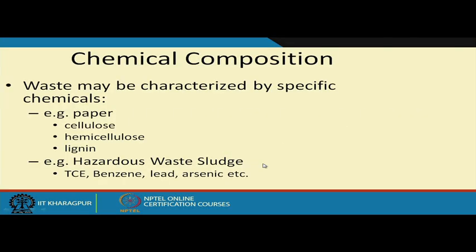When we talk about waste characterization by chemical methods, there are different methods out there. The waste may be characterized by looking for specific chemicals or specific components, like paper, for example. In paper, we can look for cellulose, hemicellulose, lignin. We know that the higher the lignin content, the less the biodegradability. We talked about that. Cellulose and hemicellulose are easy to degrade, while lignin is hard to degrade.